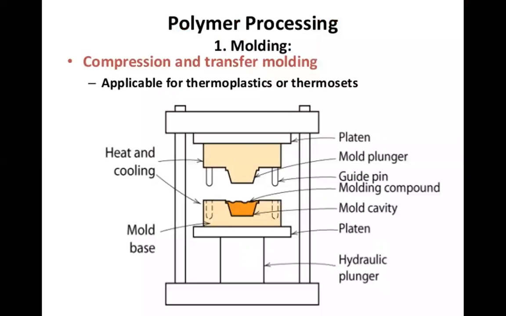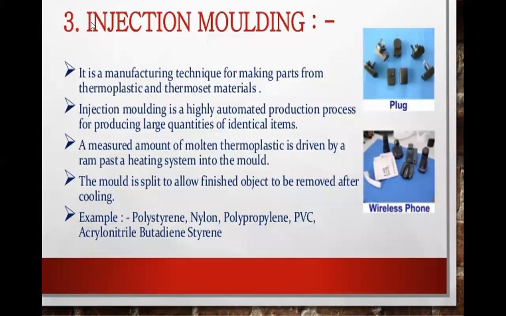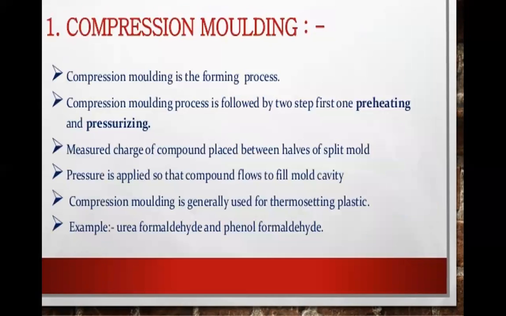Coming to the second one, that is injection molding. This technique is adopted for making parts from both thermoplastic and thermoset materials, whereas compression molding is generally used for thermoset plastic.